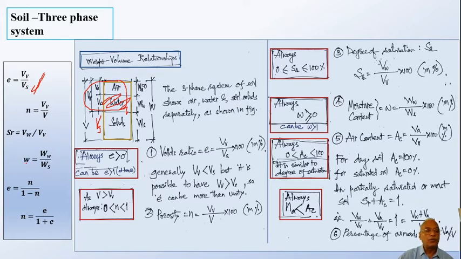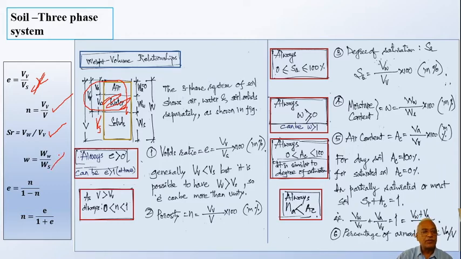Now water content or moisture content is defined as weight of water to weight of solids. These four are very fundamental relations on which the whole thing starts. Here there is a volume ratio, here also a volume ratio, here also a volume ratio, but here water content, which is confusingly denoted by w, is a percentage.